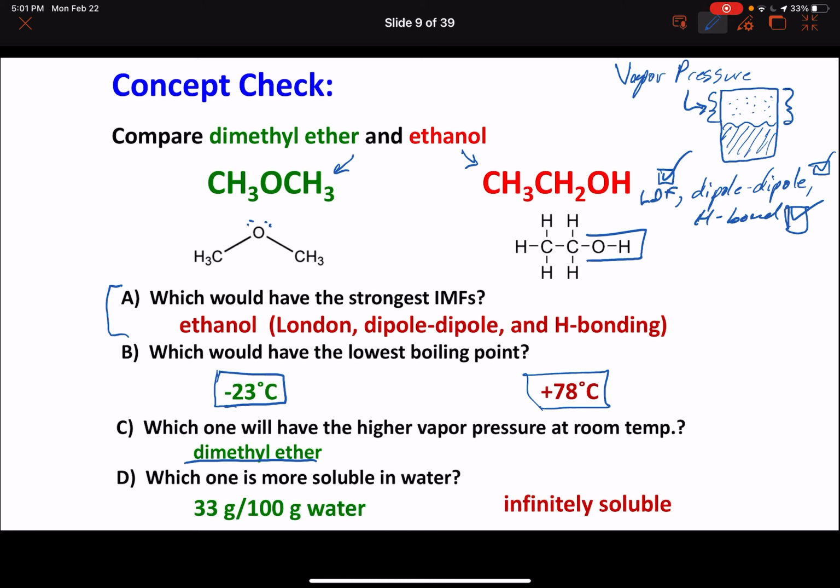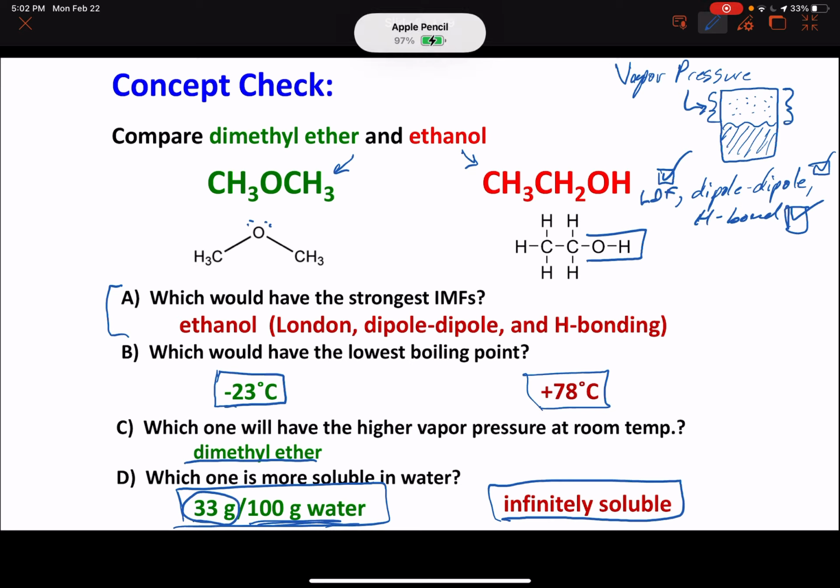So it is the ethanol that's infinitely soluble across all proportions, which is differing than the dimethyl ether that has a solubility limit of only being able to dissolve 33 grams of that green compound in 100 grams of water. Okay, so this is how you work with these properties to predict things like whether or not compounds can dissolve and ultimately trends in those limits of solubility.